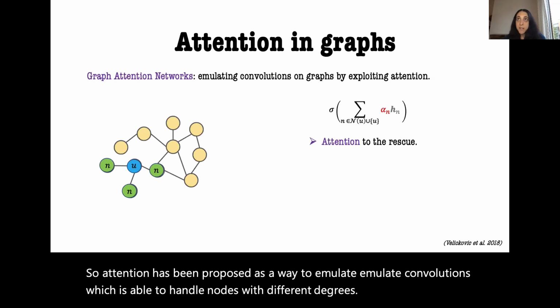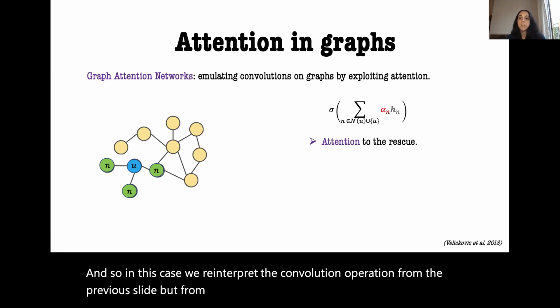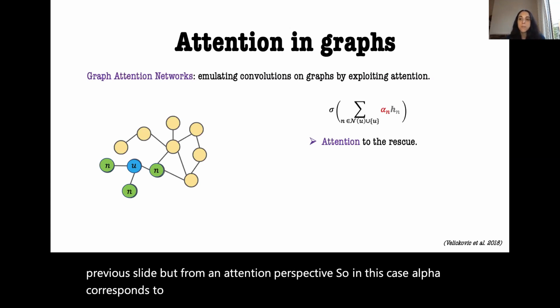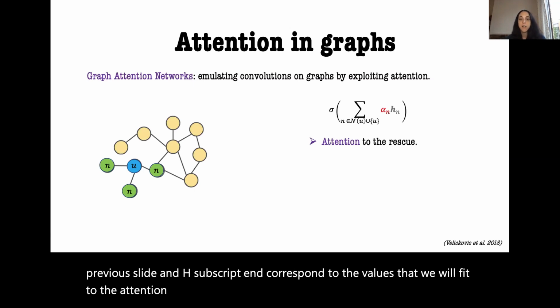In this case, we reinterpret the convolution operation from the previous slide, but from an attention perspective. Alpha corresponds to the attention weights, as opposed to the filter values in the previous slide, and H subscript n corresponds to the values that we will feed to the attention mechanism. In this case, the values would correspond to the node features.